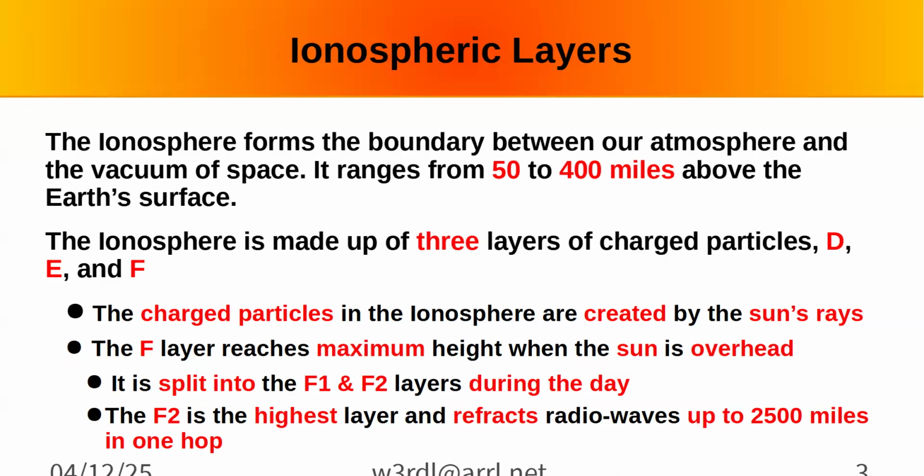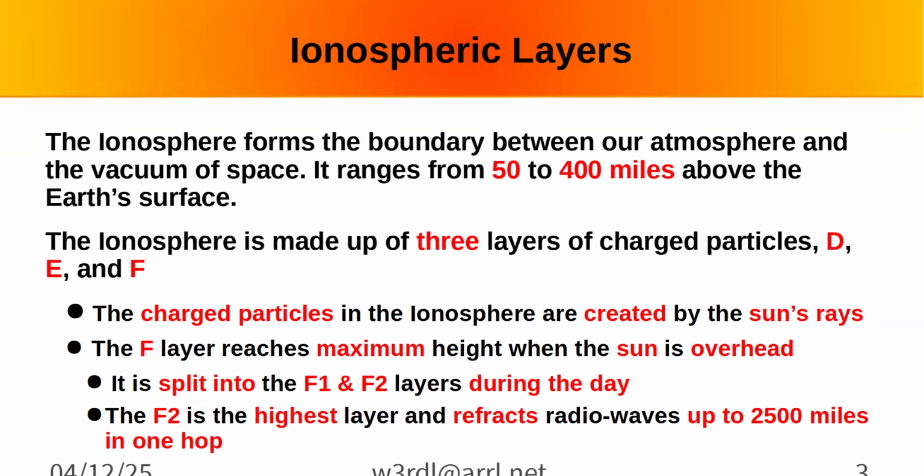So it's broken up basically into three layers, the D, E, and F layer, which we talked about. During the daytime, the F layer divides into two, where F2 kind of increases in height above F1. And then you have the D layer, which is energized in the daytime because enough radiation makes it through the F layer and the E layer to actually ionize the D layer.